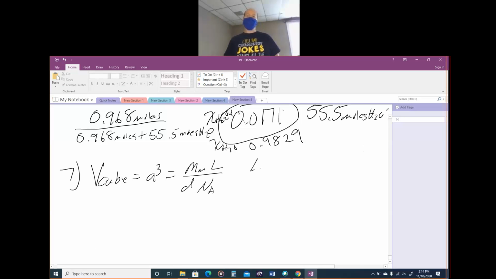Where your L is equal to 1, 2, or 4. If it is simple, it is 1. If it is body, it is 2. If it is face, it is 4. And these are atoms in the cube.